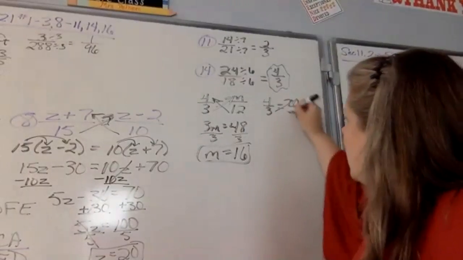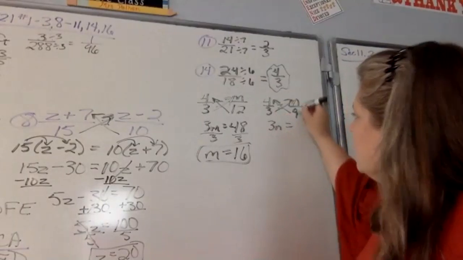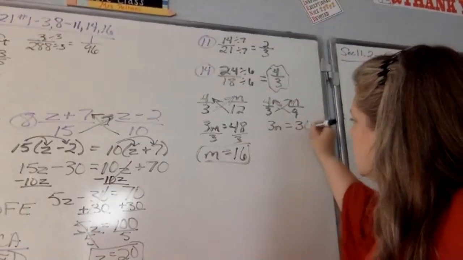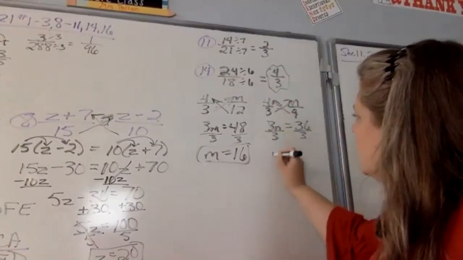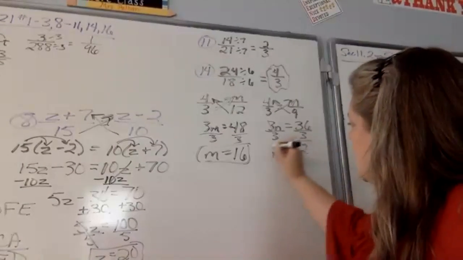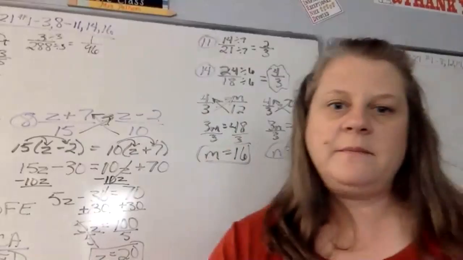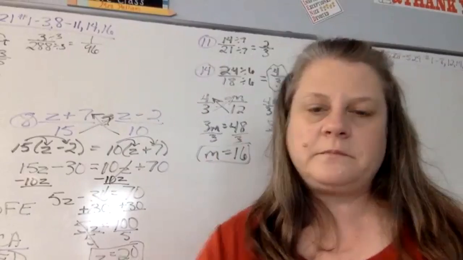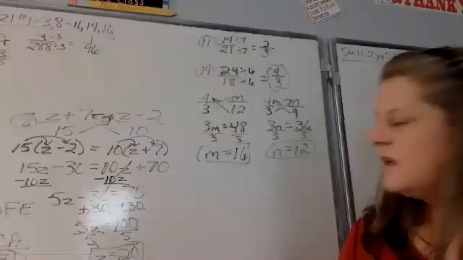Cross multiply. 3 times N is 3N. 9 times 4 is 36. Divide both sides by 3. N is 12. So I got my missing sides there, okay? We're using our proportions to find our missing side.